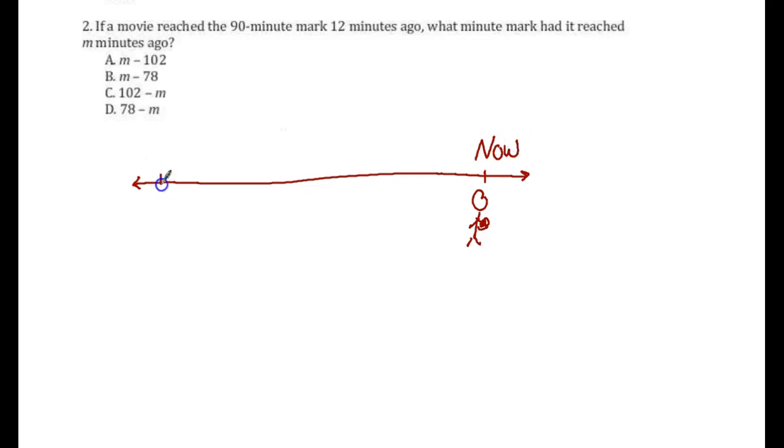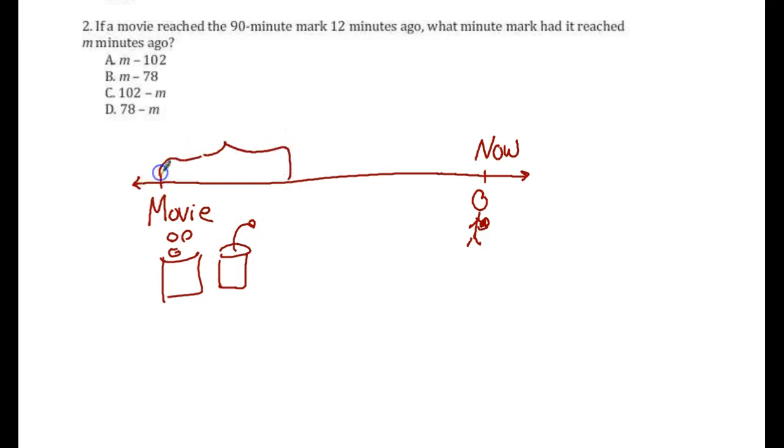The movie started at 0 time. So here we're entering the movies, buying the popcorn and the drinks, and everything looks good. The movie was playing for 90 minutes. 12 minutes ago.